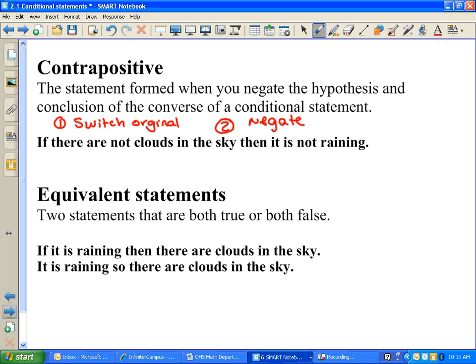Is that true or false? If it's raining, then there probably are clouds in the sky, usually. They may be higher up, but there are some kind of clouds in the sky. It has rained on a sunny day. The sun can still shine through, but there is a cloud releasing that. It may not be a dark cloud.